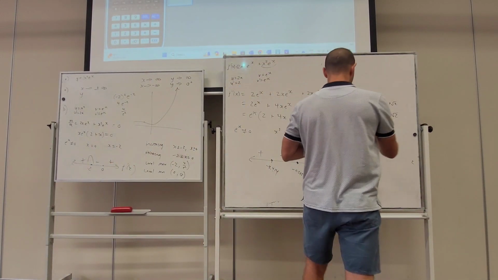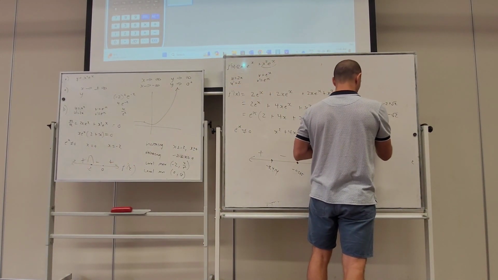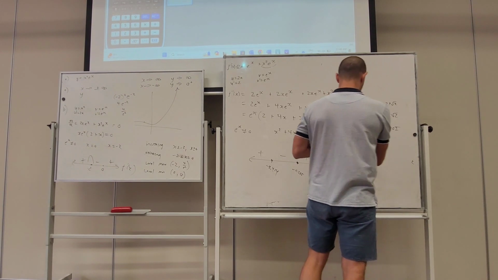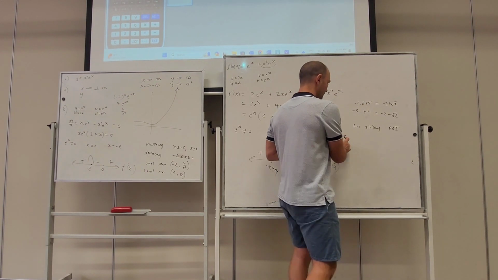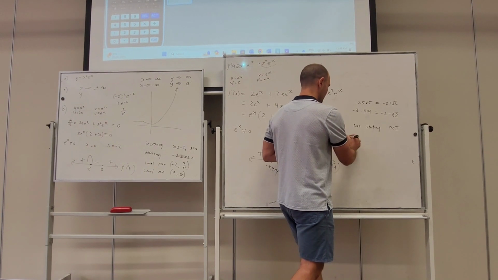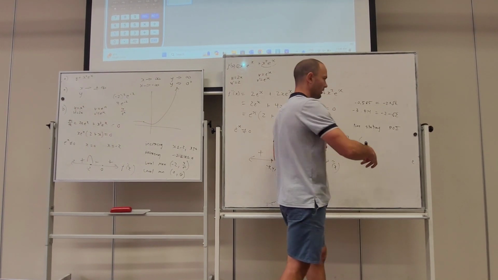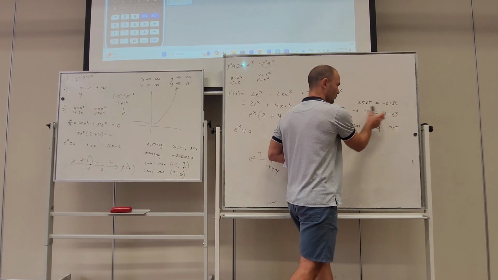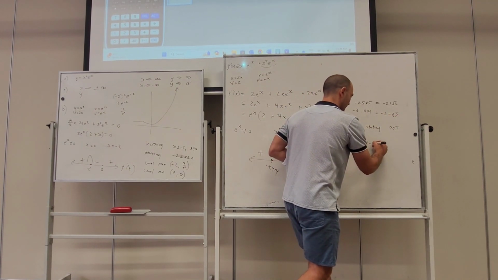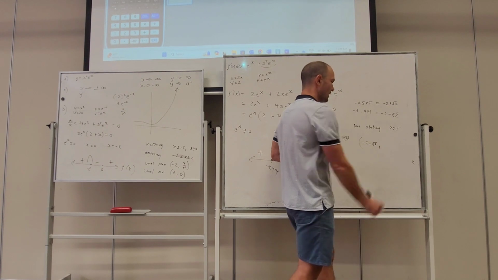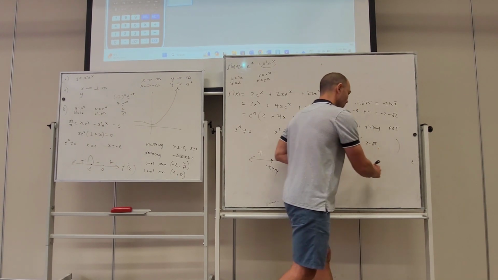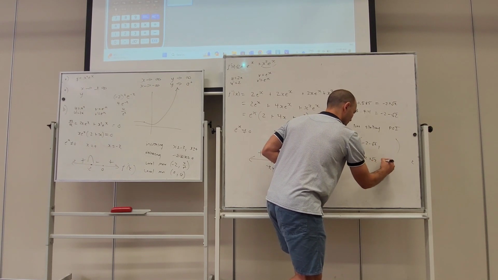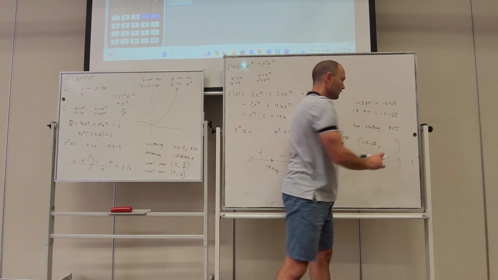So we have non-stationary points of inflection at, and this is where you can answer in exact notation or as the decimal, either's fine, the x value minus 2 take root 2 and the corresponding y value, and the x value minus 2 plus root 2 and the corresponding y value.